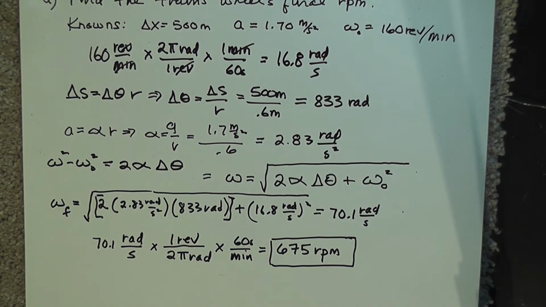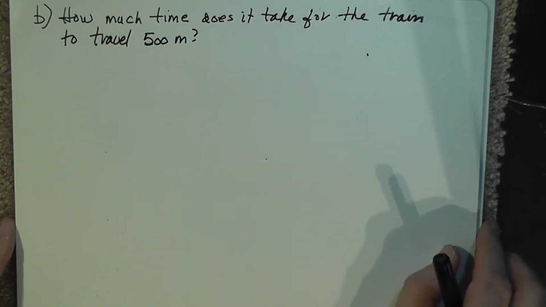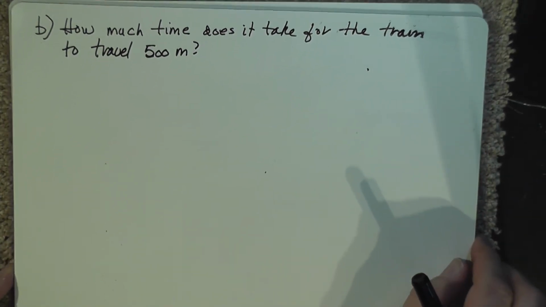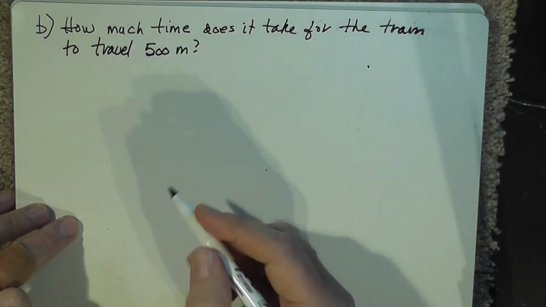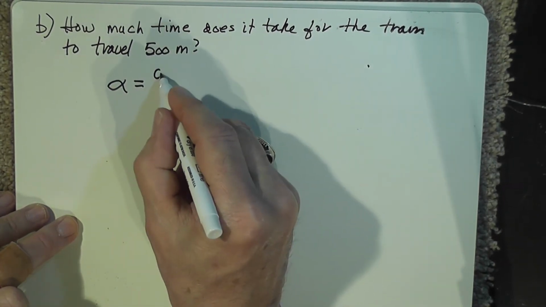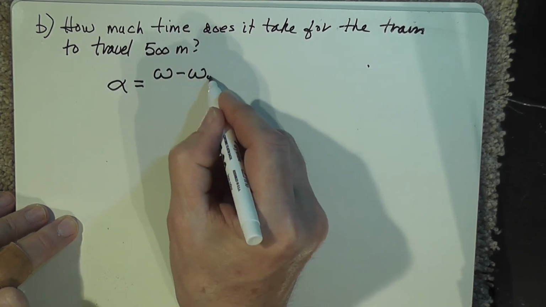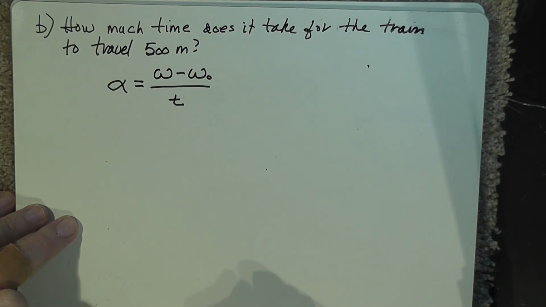Okay, what about part B? Part B wants us to find the time it takes for the train to move the 500 meters. In this case, we can use this equation, which would be the easiest one to use.